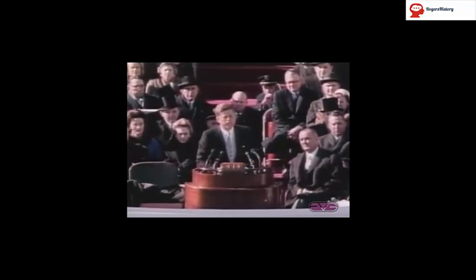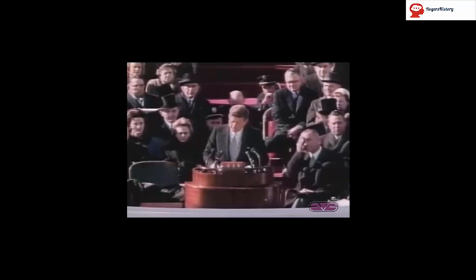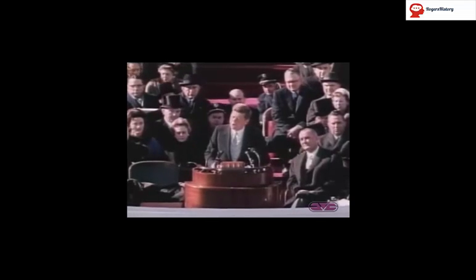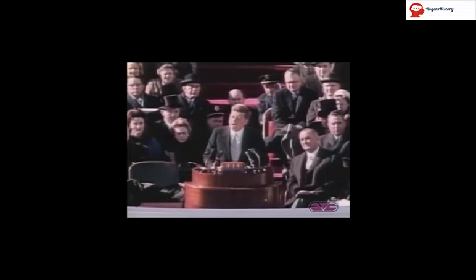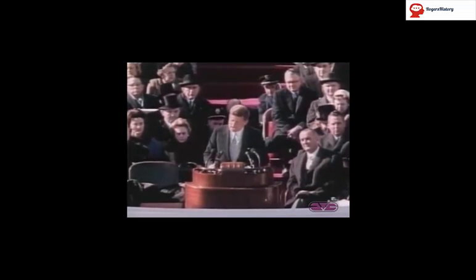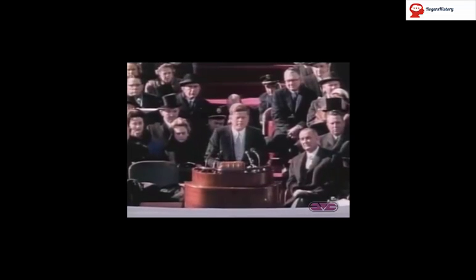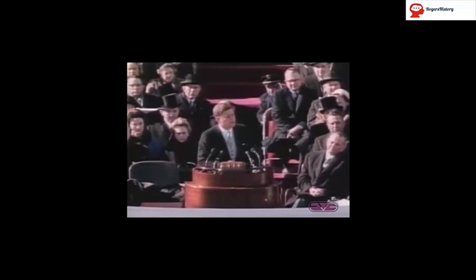Let the word go forth from this time and place to friend and foe alike that the torch has been passed to a new generation of Americans born in this century, tempered by war, disciplined by a hard and bitter peace, proud of our ancient heritage, and unwilling to witness or permit the slow undoing of those human rights to which this nation has always been committed and to which we are committed today at home and around the world.